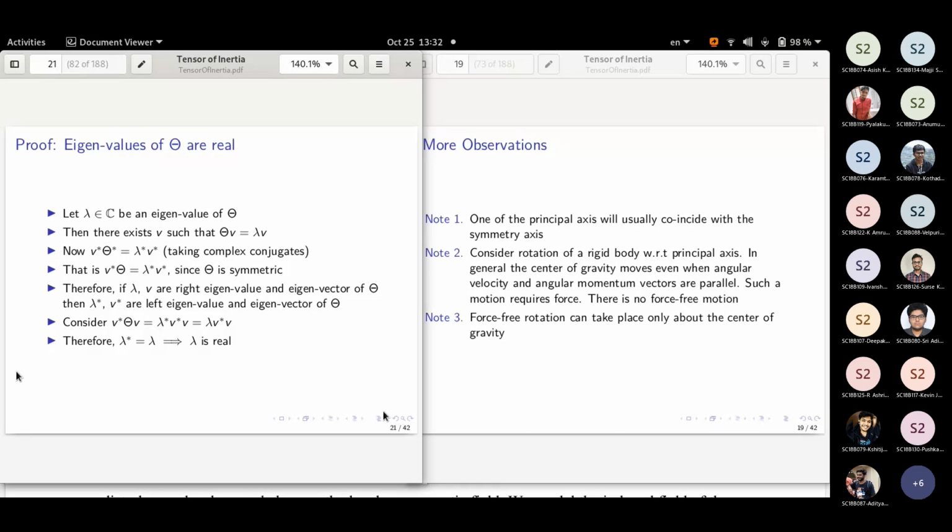So here it will be d by dt of L, that is, d by dt of r cross mv. Now the question is that we have not written down the dynamical equation governing how omega is going to change using this angular momentum expression.